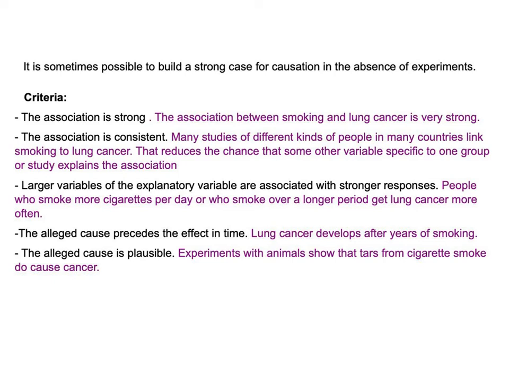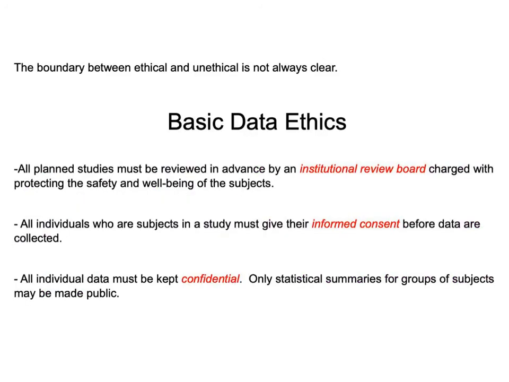They found that experiments with animals show that tars from cigarette smoke do cause cancer. So where it would be unethical to do it in humans, there was an experiment performed with animals. And though some might say it's a leap to make the conclusion with humans, all of these criteria together make it possible to show causation.